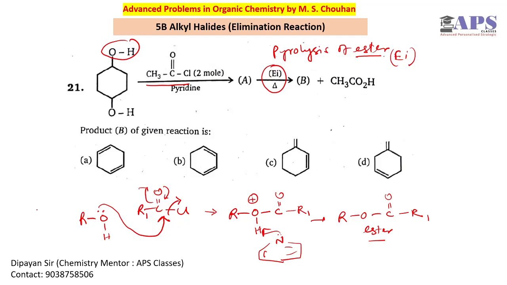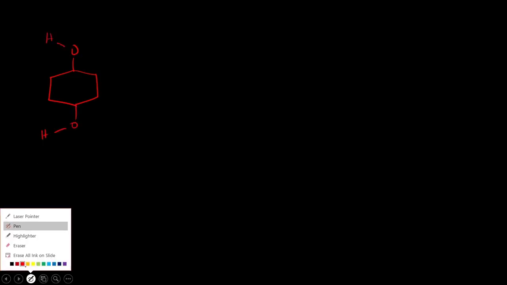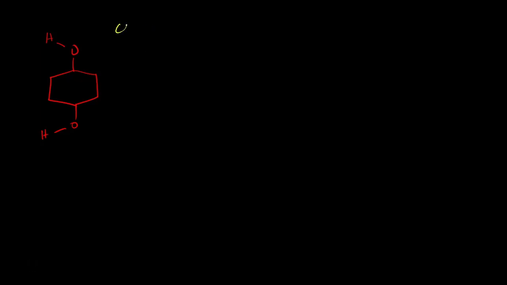If you closely look, you have two equivalents of OH and an acid chloride. The lone pair will approach, Cl will be eliminated.